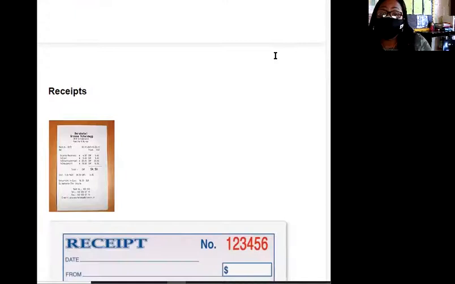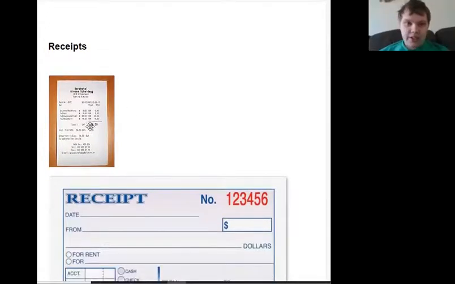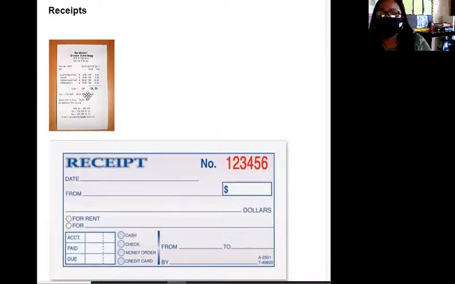Down below, I made a copy of receipts. So this one you'll usually see, like for takeout or something, or generally at a regular store, and it'll just be a printout. It'll tell you the store's name. Sometimes it'll actually give you the cashier's name, the person that checks you out. You'll have a list here of everything that you bought and how much it costs, and then you'll have your tax and all of that.